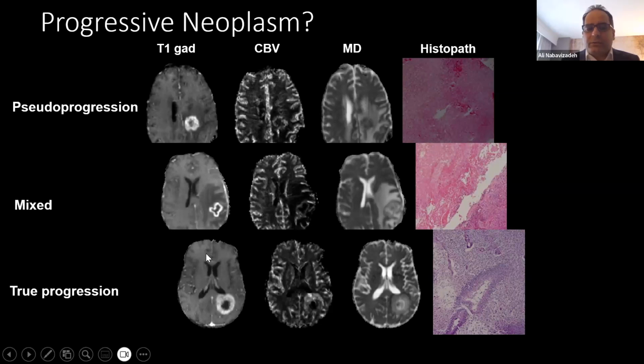So it's really difficult to distinguish these using contrast-enhanced MR. However, you can see that the rCBV is significantly elevated in true progression compared to mixed and pseudoprogression, and mixed is usually the in-between. Basically, if we give a percentage of tumor, pseudoprogression is usually less than 10%, true progression more than 50%, and mixed is somewhere in between.